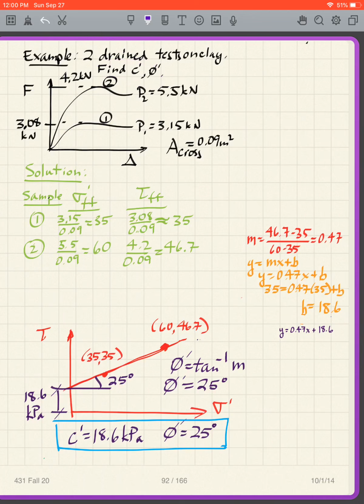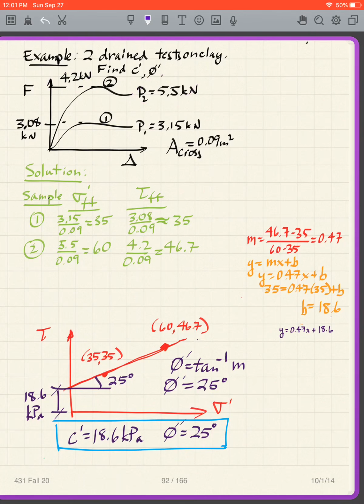So I have my cross-sectional area here is 0.09 square meters. This is F, so I have to take F over A cross, and this is P, so P over A cross. So these two numbers go together, and these two numbers go together.